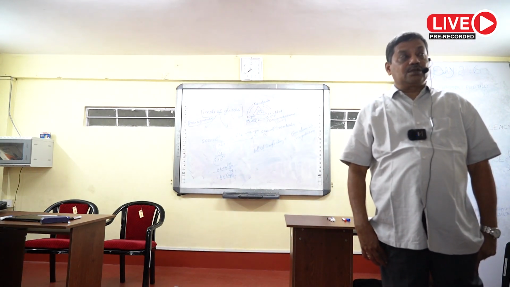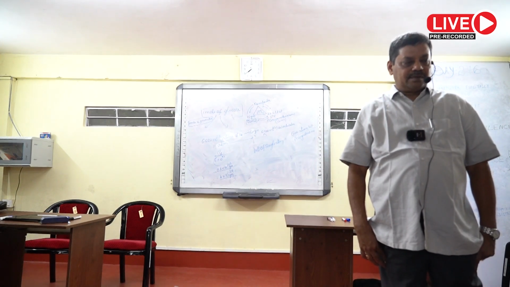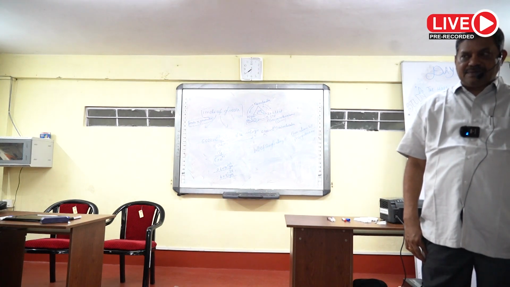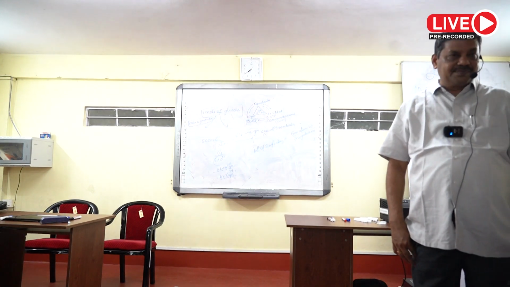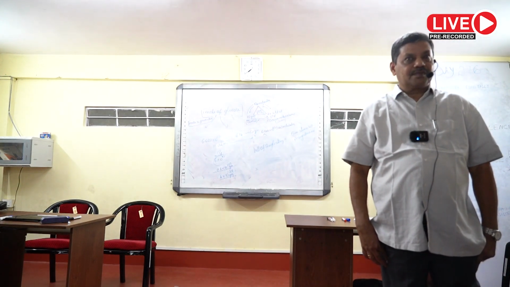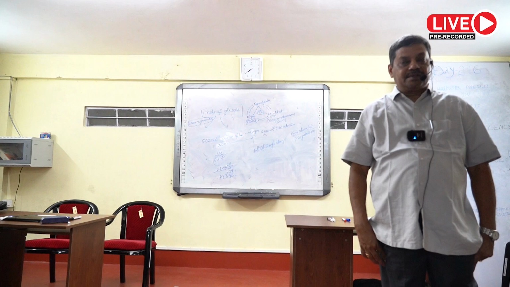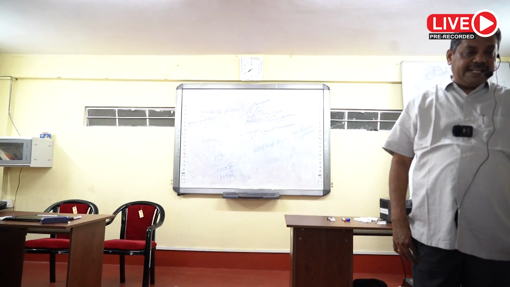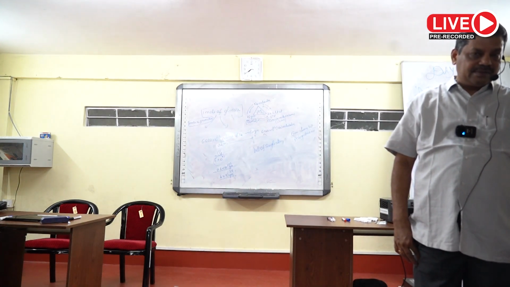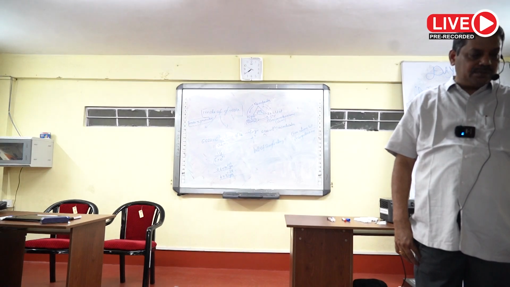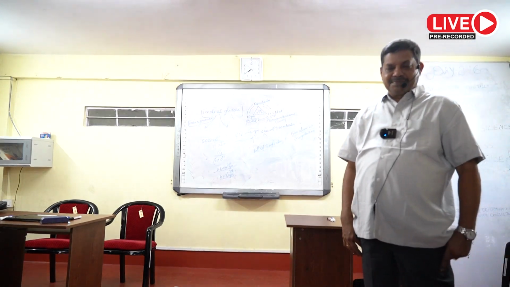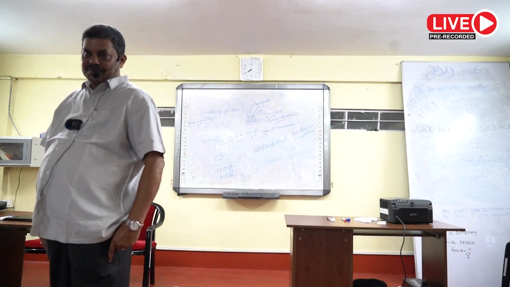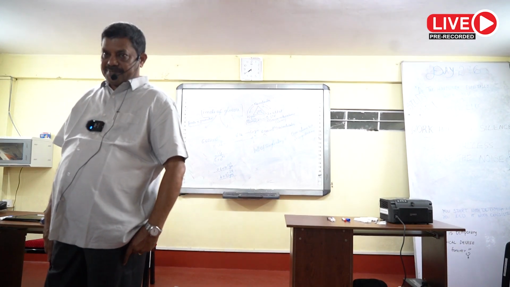Number 2, its atomic weight is equal to 4. Number 3, a single atom of helium weighs 4 AMU, atomic mass units.